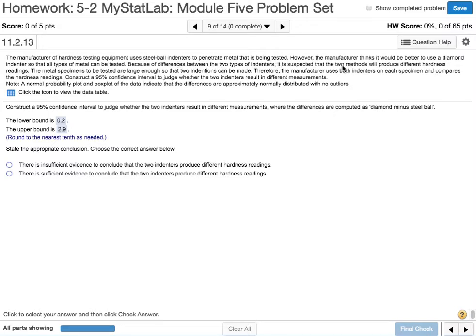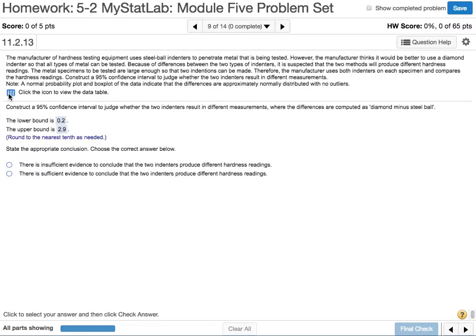The manufacturer thinks it's better to use a diamond indenter, so they're going to look at the differences between the two types, a metal one and a diamond one. We're asked to construct a 95% confidence interval to judge whether the two indenters result in different measurements, where the differences are computed as diamond minus steel ball.